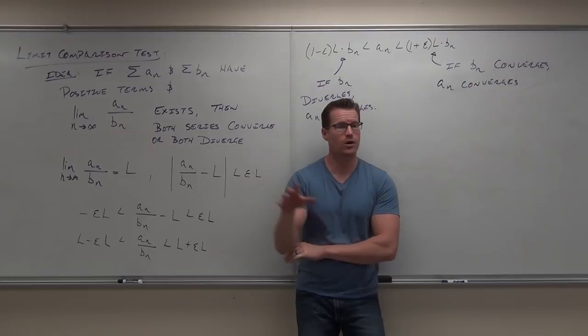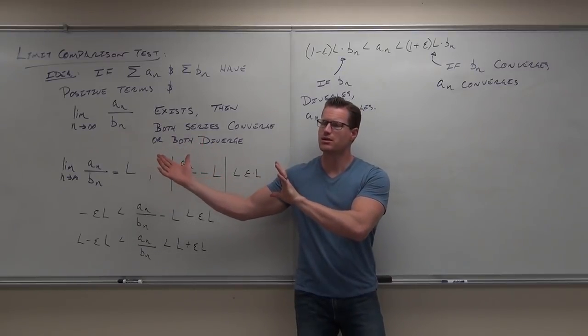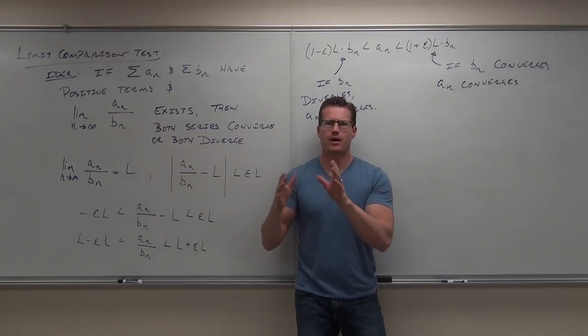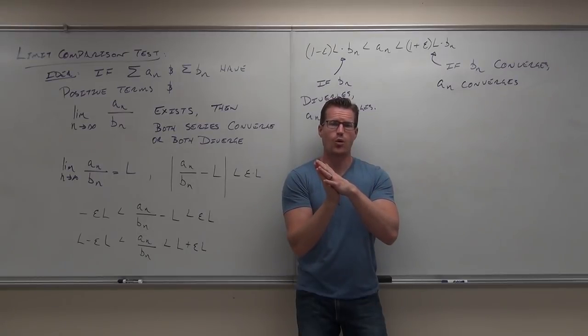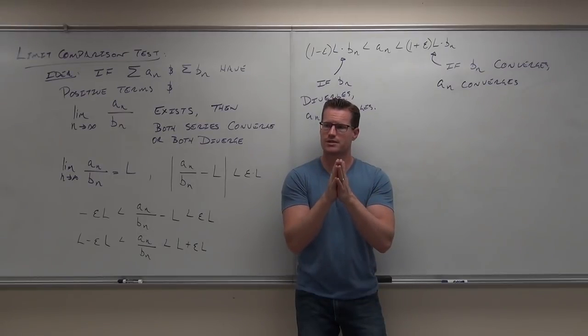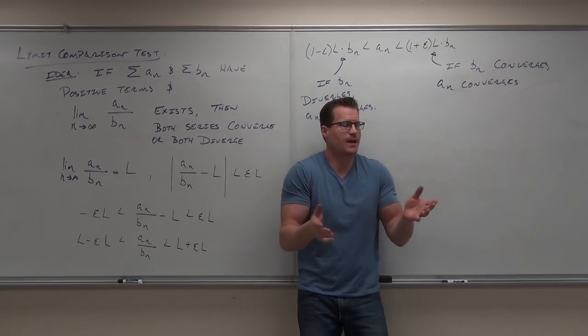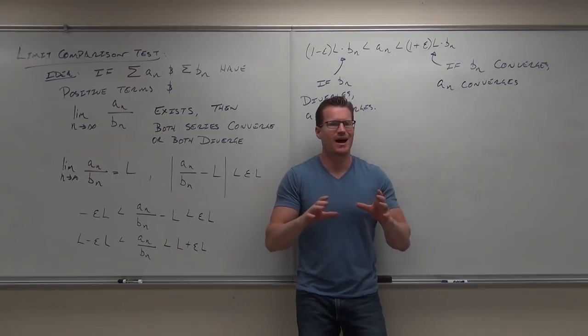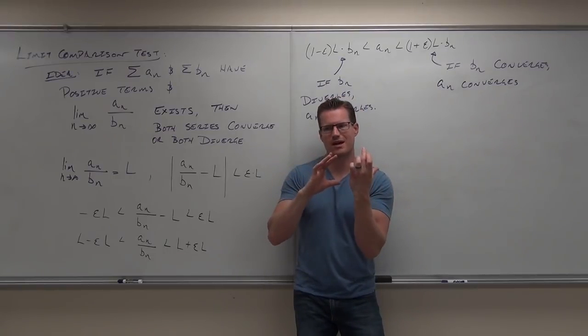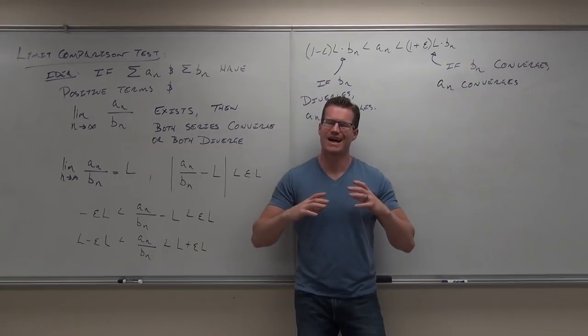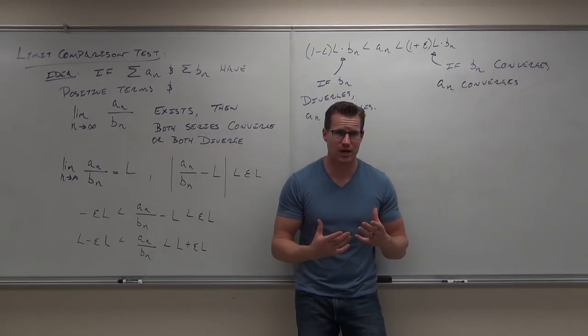If it's not one of those things, or maybe it's easier to do this, you go, okay, at this point I think about the comparison test. Is this always smaller than a series that is convergent, or is my given series bigger than a series that's divergent? If it is, we're done. If that's not the case, if I have something that's smaller than divergent or bigger than convergent, I can't really use a comparison test straight up.